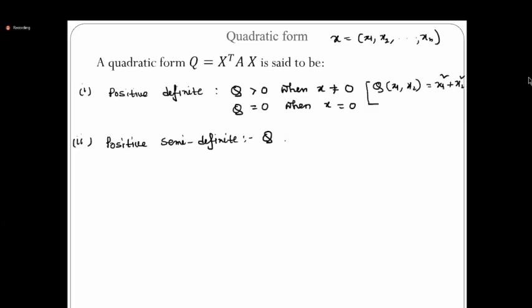If q is greater than or equal to 0 for x not equal to 0, and q is equal to 0 for some x not equal to 0. Is it okay? That means each and every time you are going to get non-negative values, but for some non-zero value of x you are going to get q equal to 0.